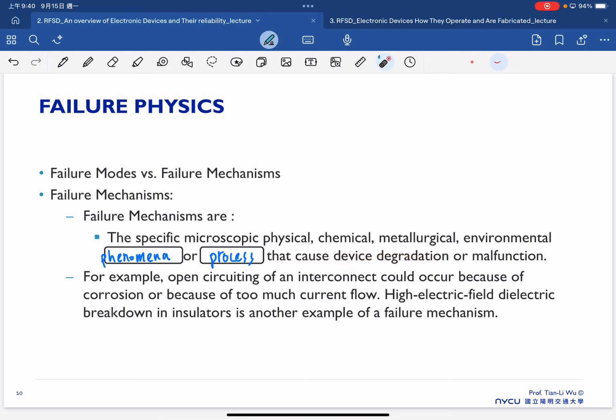So this could be a certain environment, phenomenon, or process that in the end causes the device characteristic to shift, until the device is no longer able to function.